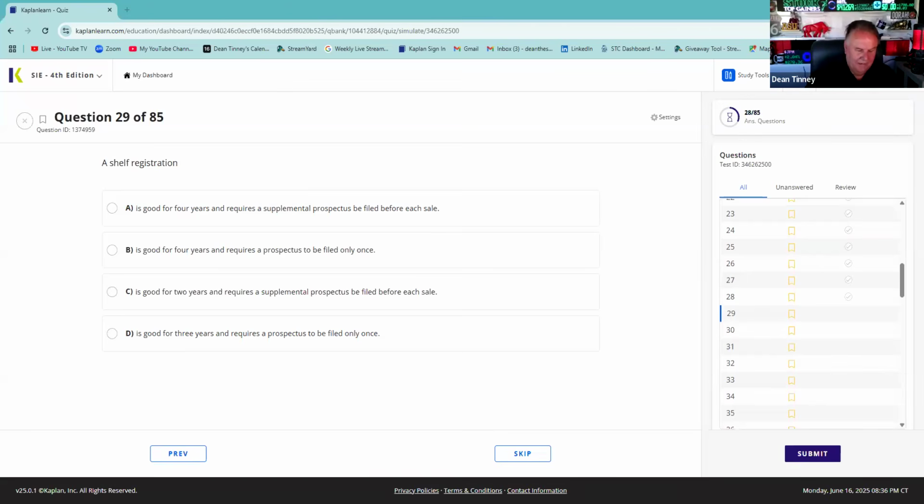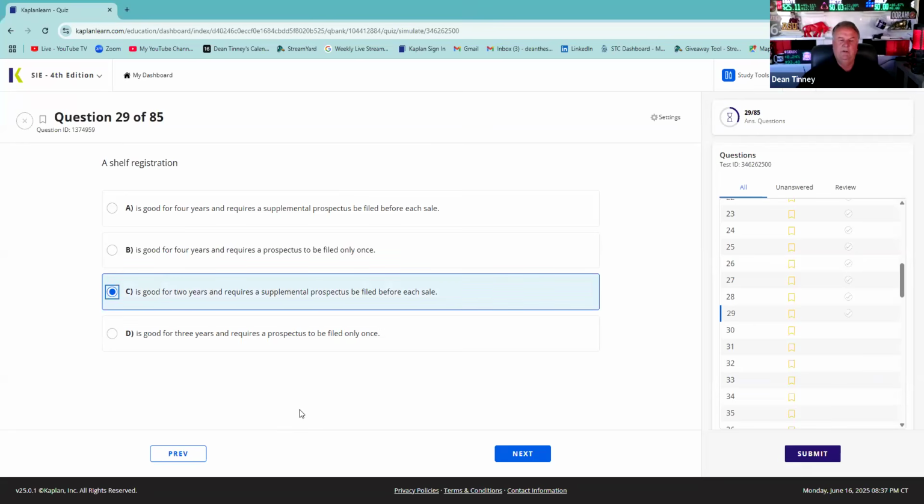If you're a WKSI, a well-known seasoned issuer of securities, you are correct, it would be 3 years for your shelf registration. Otherwise, it's 2. So good for 3 years and requires a prospectus. They would be 3 if it was a WKSI. If it's not a WKSI, then it's 2. Better to have the securities on the shelf and not need them than need them and not have them.